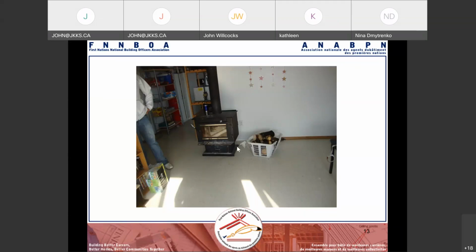Rather than take it off the pellet, he kept it on the pellet, and the pellet eventually dried out and caught fire, and it burnt the house down. And what was evident from the inquest or the investigation was that nobody inspected the install after it was put in.